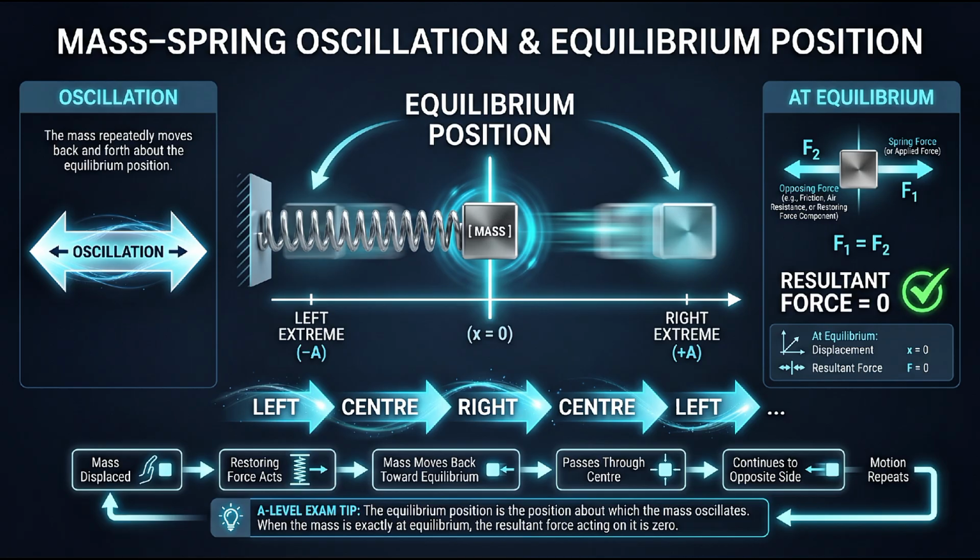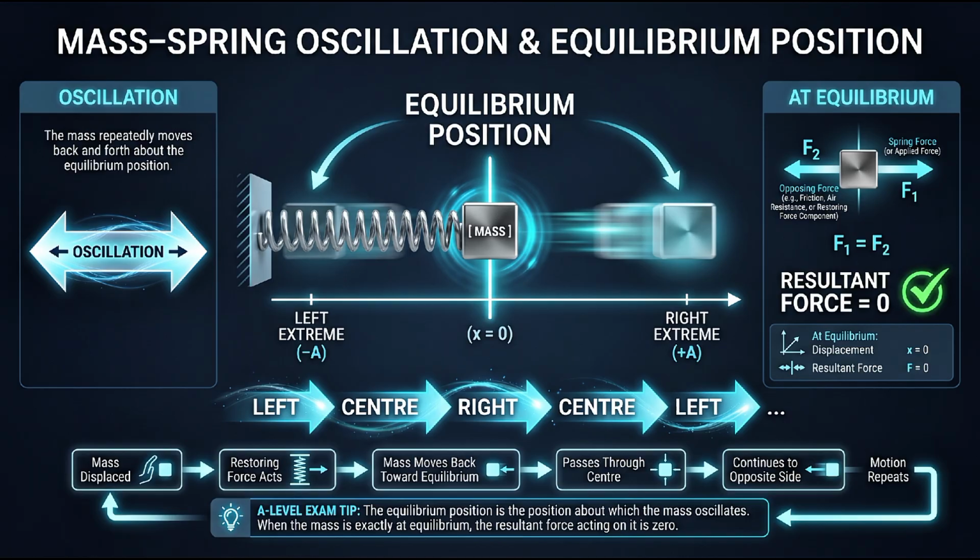The sequence shown at the bottom of the diagram, displacement, restoring force, movement towards equilibrium, passage through the center, movement towards the opposite side, and repetition, represents the cause and effect process behind the oscillation. First, the mass is displaced from equilibrium. This displacement causes a restoring force to act.